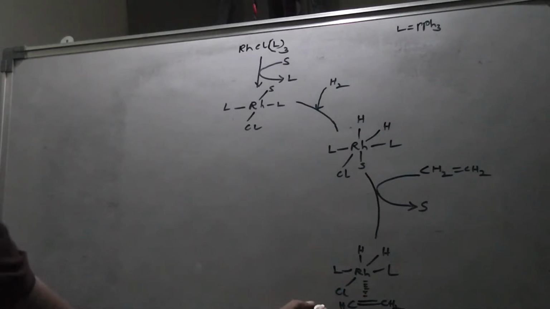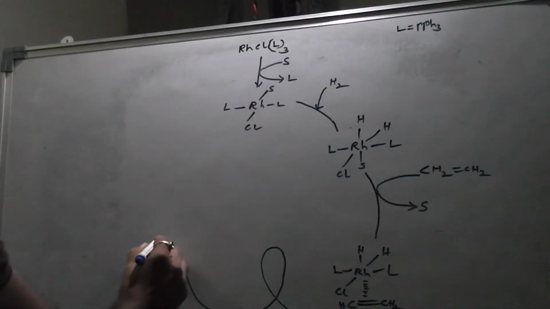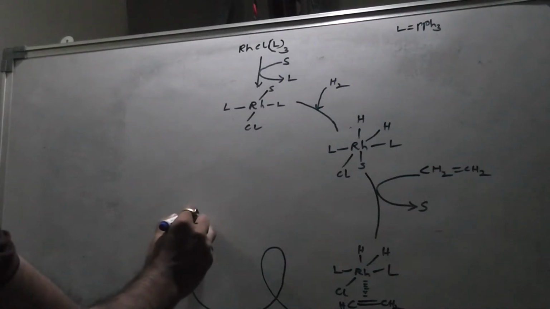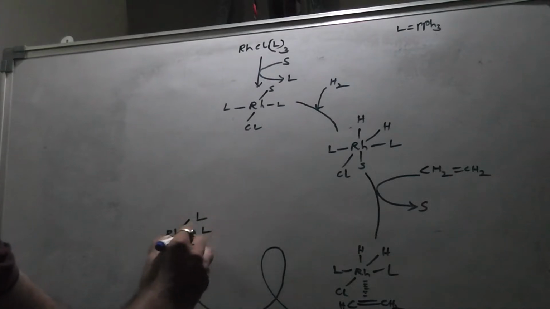Now hydrogen migration occurs. This is H migration. Electron changes will be there, and you can also look in a few textbooks at how many electrons are getting changed on rhodium.